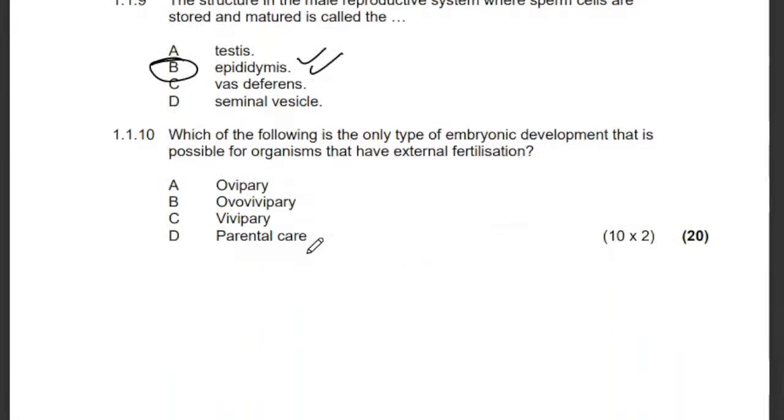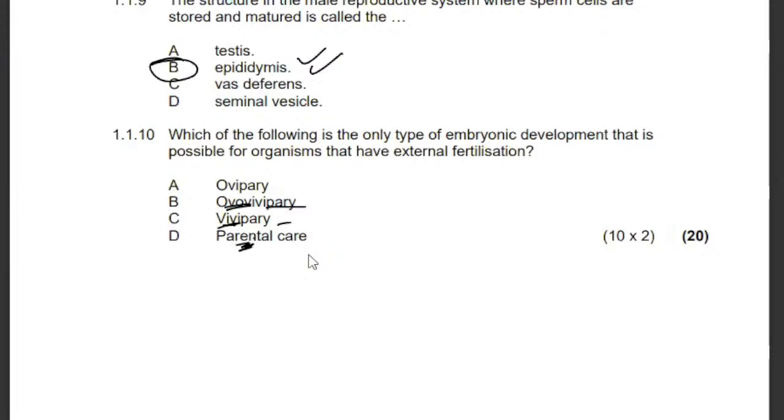Which one of the following is the only type of embryonic development that is possible for organisms that have external fertilization? The moment you talk about external fertilization, viviparous is internal fertilization.